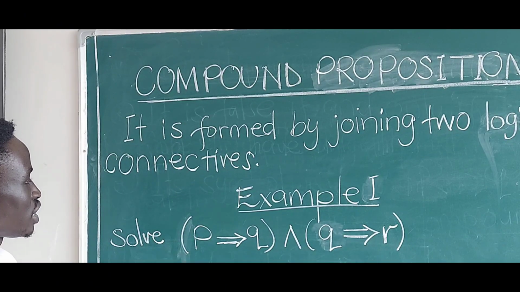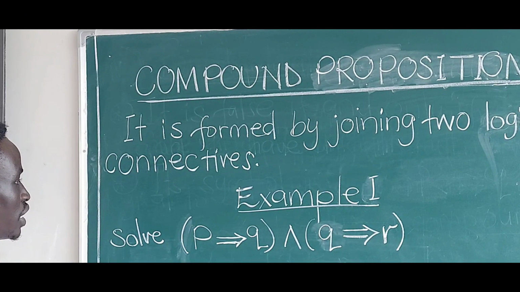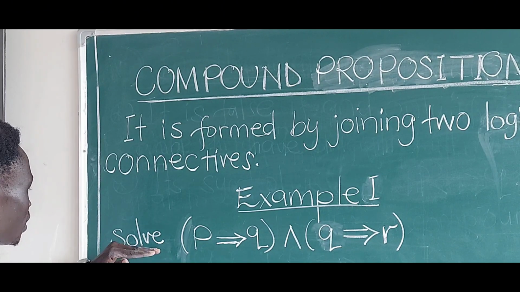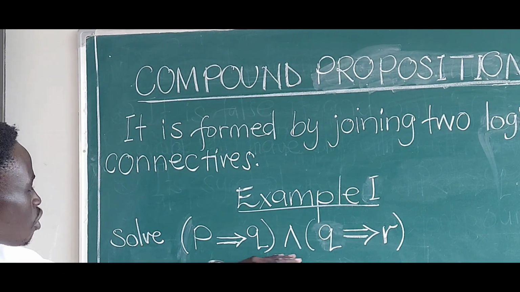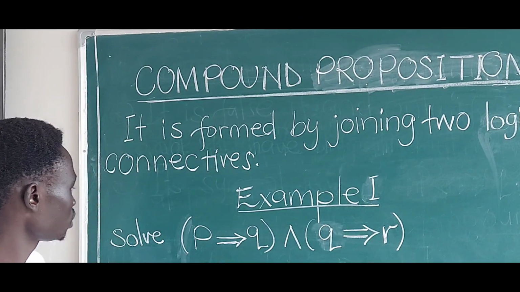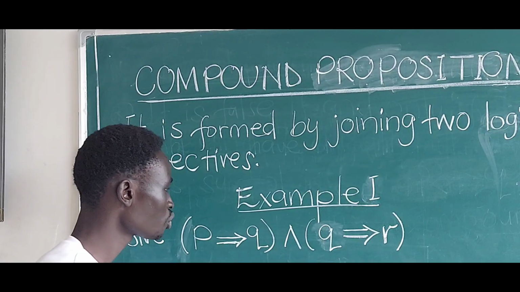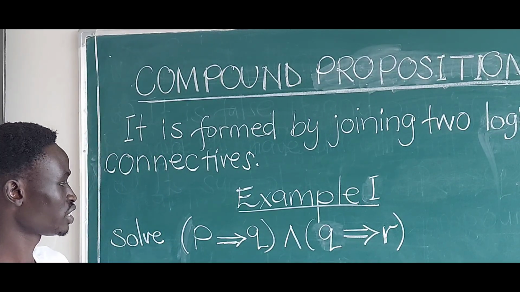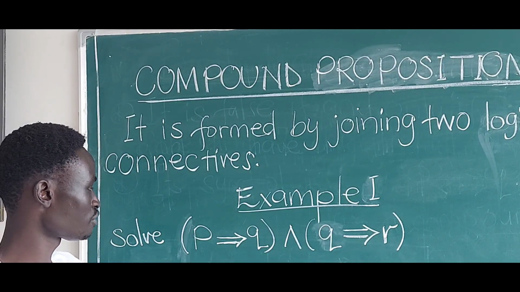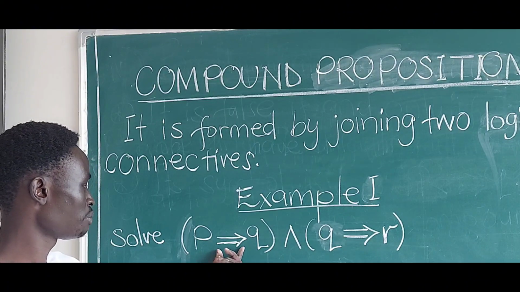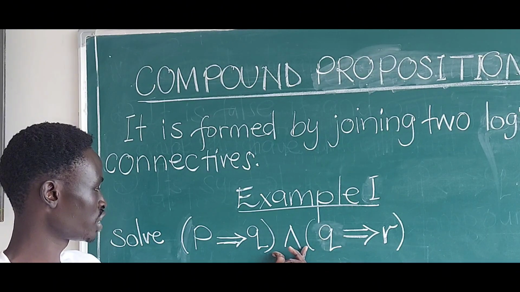Now let us see from an example. Example one. Let us see how we can solve this compound proposition. We are calling it compound because we have two different connectives. Here we have implication and here we have conjunction.